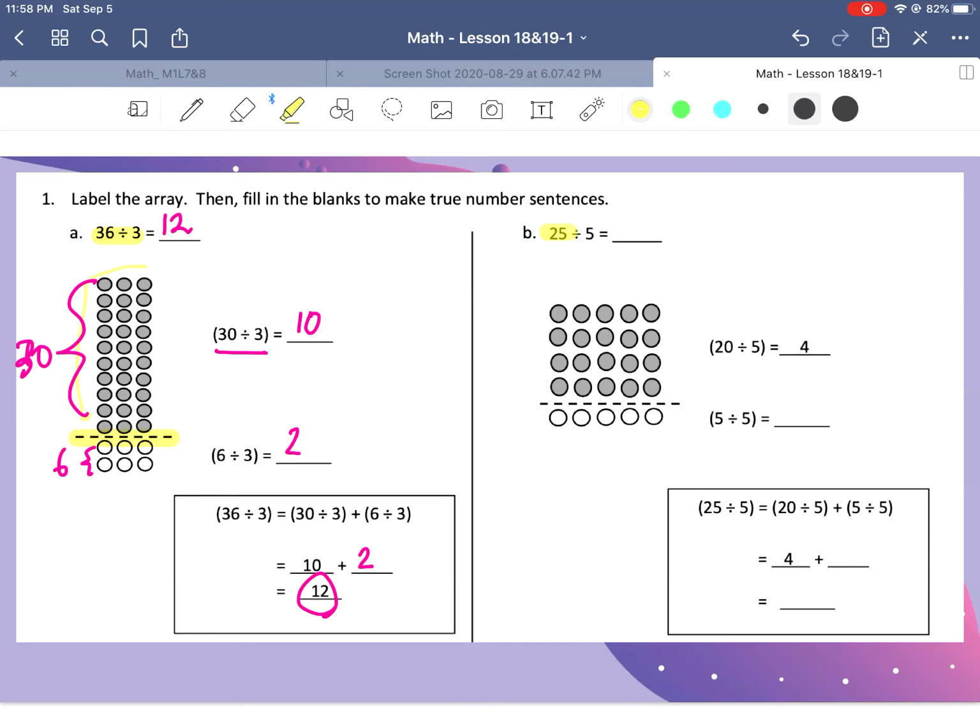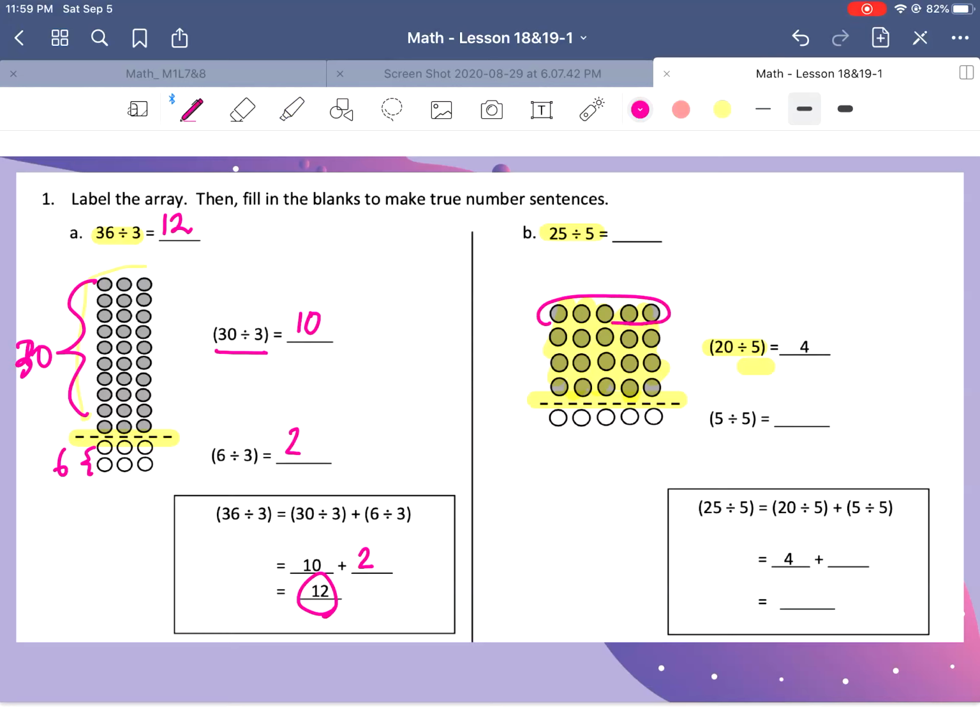Let's do the next question together. So this question is asking what 25 divided by 5 is. And this, once again, has split it into 2 parts. So what is 20 divided by 5? So how many 5s can go into 20? So we know that this whole thing is 20. And we're wondering how many 5s can go inside there.